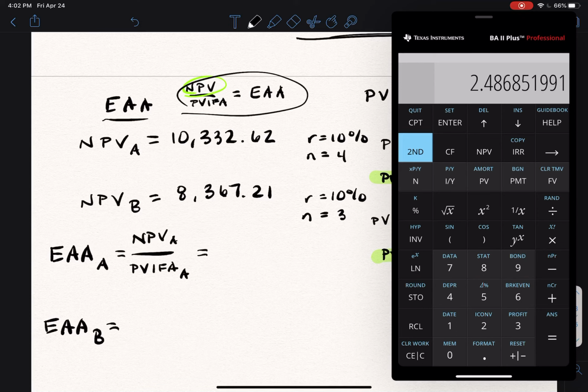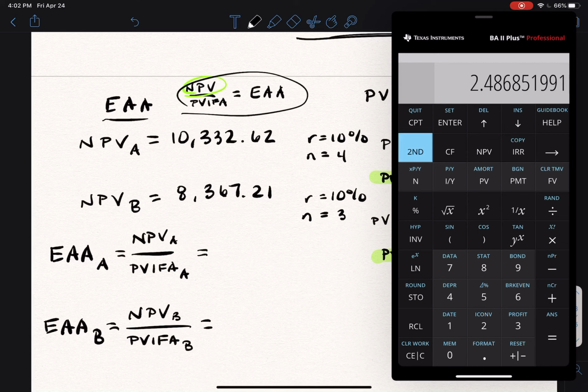And then this one is the net present value of B divided by the present value of an annuity factor of B.